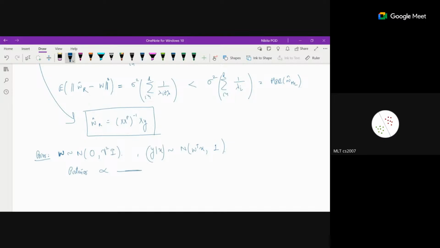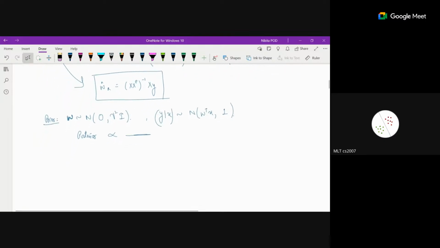But here the posterior that we get did not look like something which goes into a certain class of distributions. So the other way that we could do it was using the MAP estimate, right?